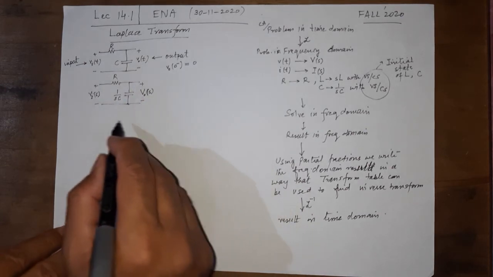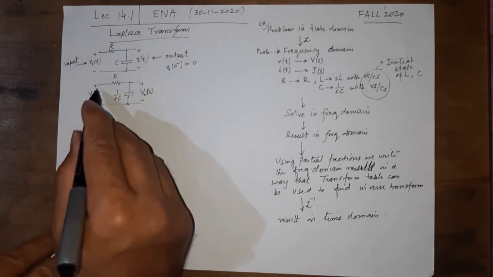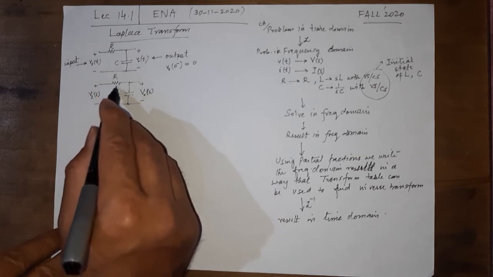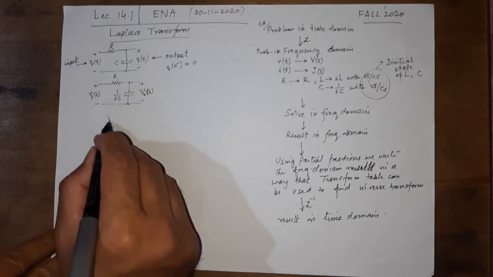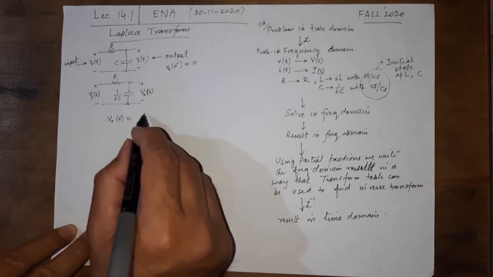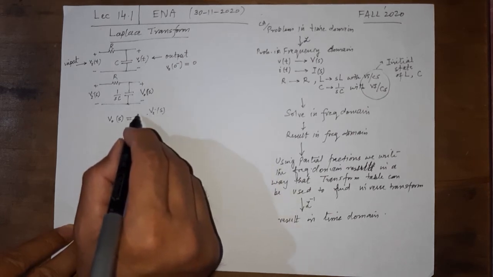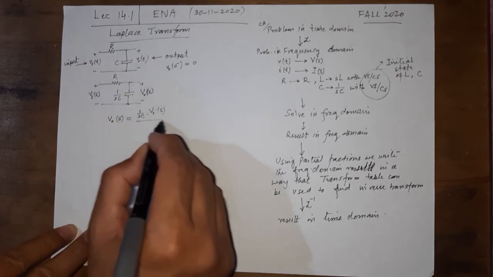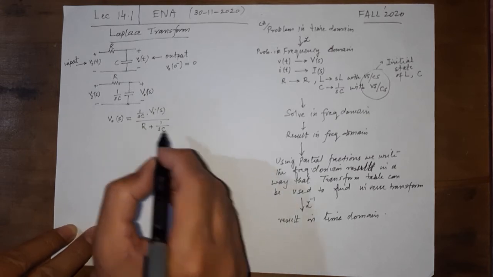Then we can solve this circuit in frequency domain to find what is Vo(s). And we can see that this is a voltage divider network. We have some voltage appearing here, and then the voltage appearing here is of interest to us, so we can very easily see that Vo(s) can be written as Vi(s) into, because it is across 1 over SC, so 1 over SC impedance divided by the total impedance in the voltage divider network.